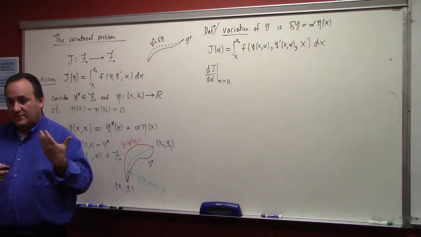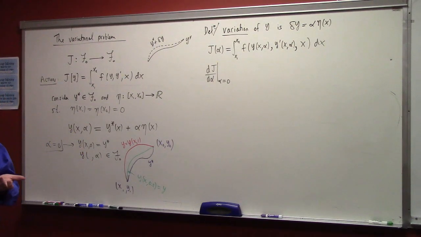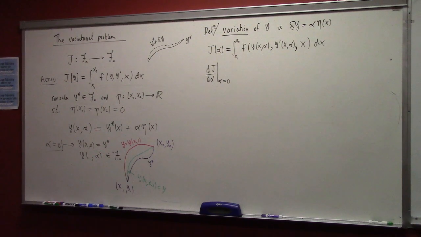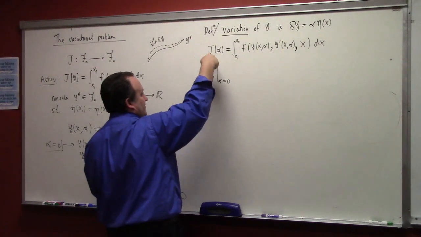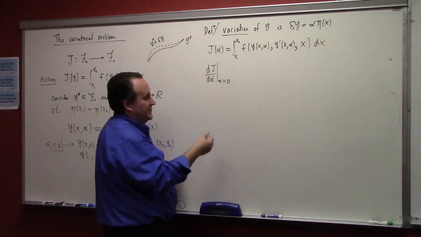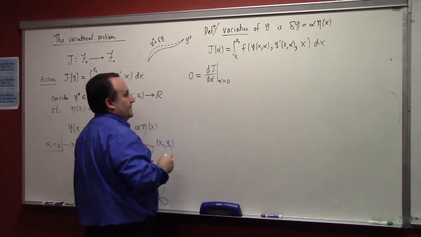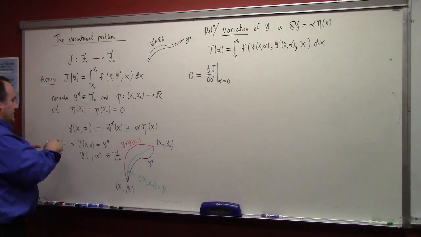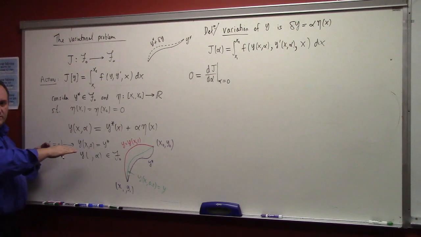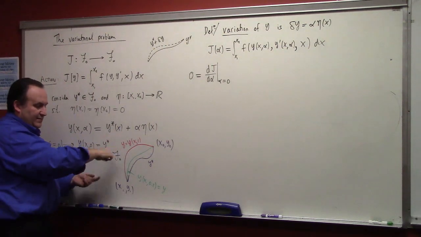I mean, look at it. J of alpha is a real valued function of a real variable. Now it's running through a bunch of functions of several variables, but with this setup for a fixed eta. Yeah, it should be 0, right? Because it should be an extremum for this function of alpha, the real variable. If y star is the extreme function for the functional, then it should be the extreme no matter what choice of eta I pick.